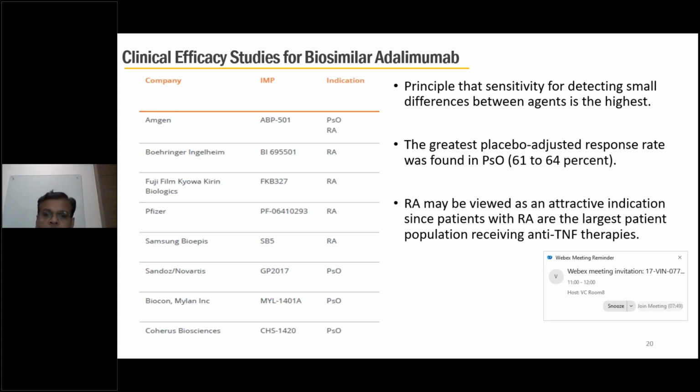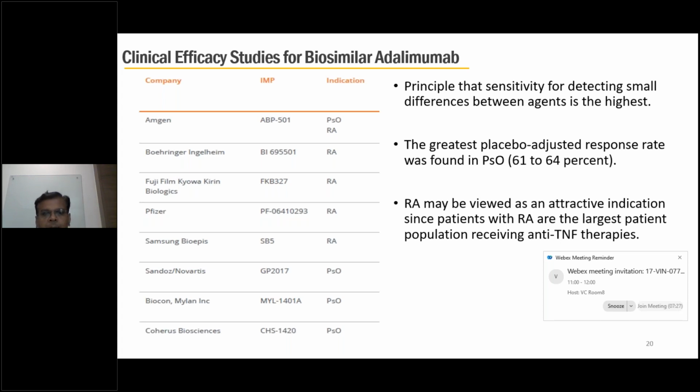However, if you go with plaque psoriasis, you may end up conducting the study for years, because getting these types of patients is rare. I mean, you get them, but they are not as many as compared to rheumatoid arthritis.